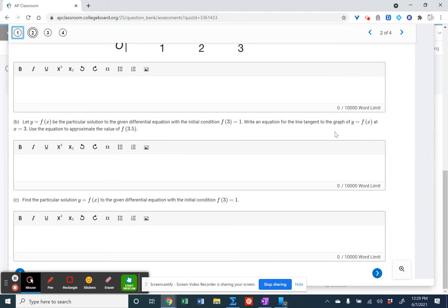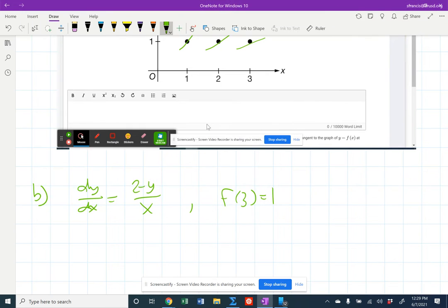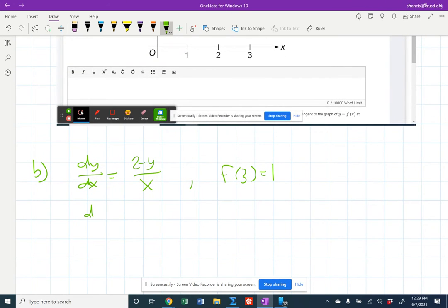I'm going to double check that. Yeah, f of 3 is equal to 1. Now if I evaluate this at the point 3 comma 1, meaning 3 for x and 1 for y, I end up with 1/3 as my slope. And so the equation of the tangent line is y equals 1/3 times the quantity x minus 3, plus 1.